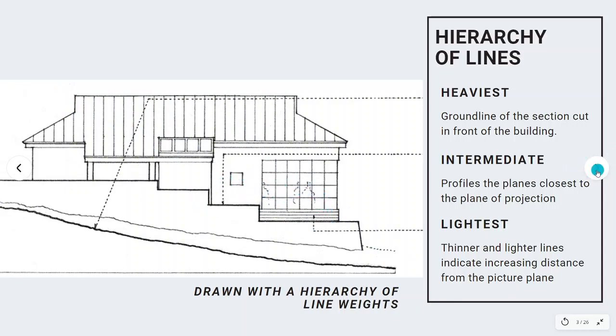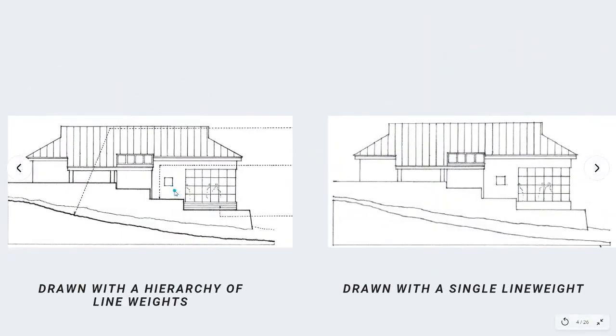Okay, so basically mo na ang hierarchy of lines. Again, kung na kay plane of projection, di ba? So magkalayo ka sa plane of projection, magkahanap yung mga lines. Basically mo na lang hierarchy of lines sa atong elevation drawings. So makita na to ang importance, no, sa usa ka elevation drawing nga na gi-applyan og single line weight, and then ang atong elevation drawing nga gi-applyan og hierarchy of line weights.